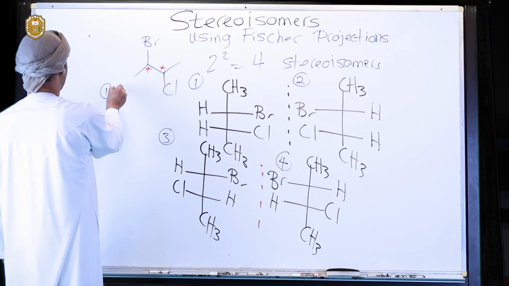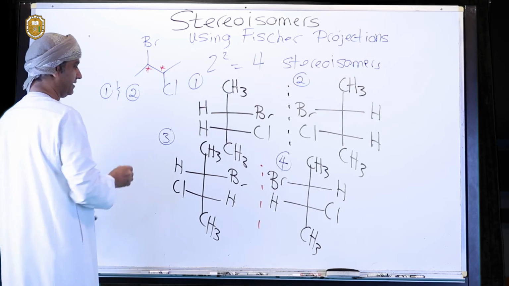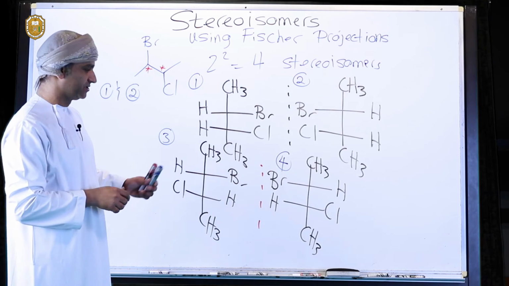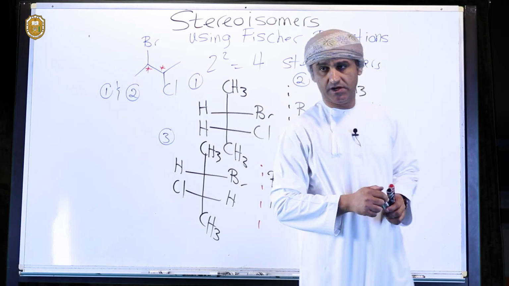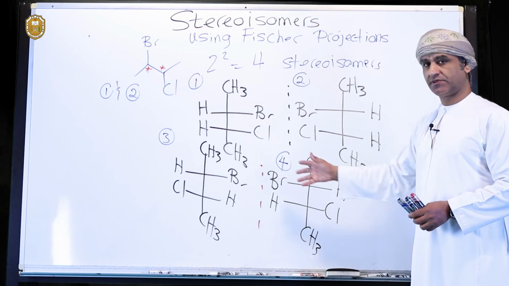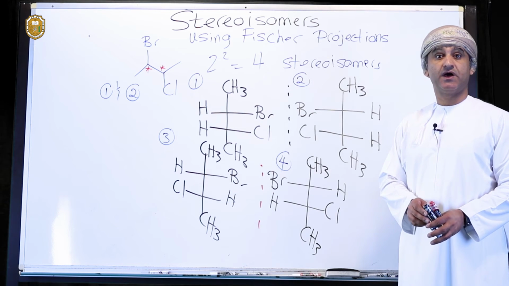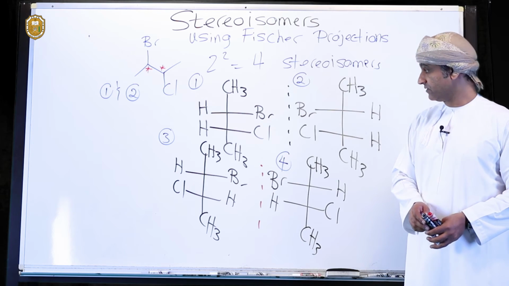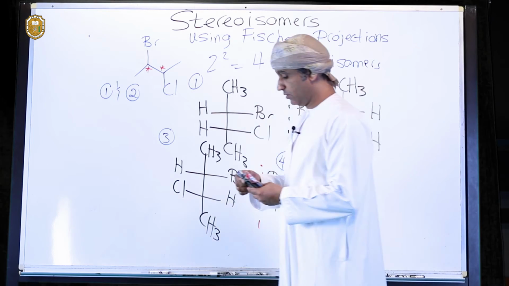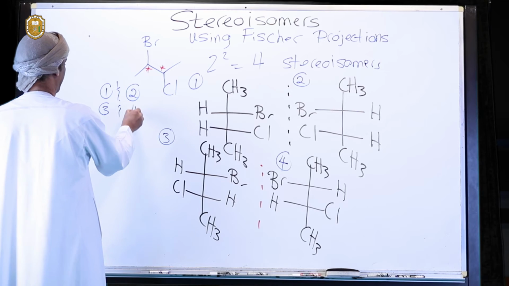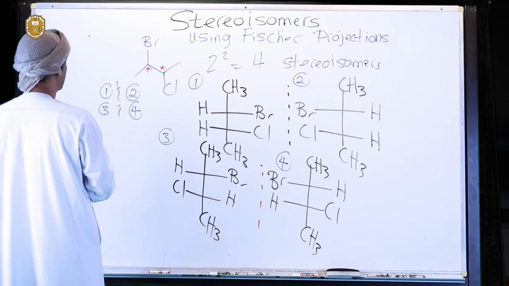The same relationship applies between 3 and 4. They are mirror images, but they are non-superimposable on each other, so 3 and 4 are also a pair of enantiomers.